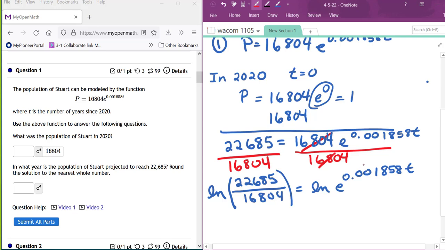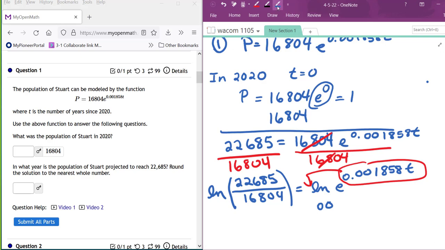And on the right-hand side, that brings your exponent down. And the ln of e equals 1, so that doesn't really matter. All right, so we have this logarithm equal to this. We want to isolate t. So we're going to divide by this piece.